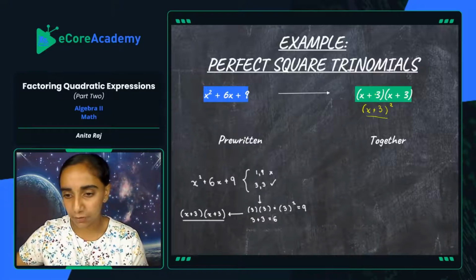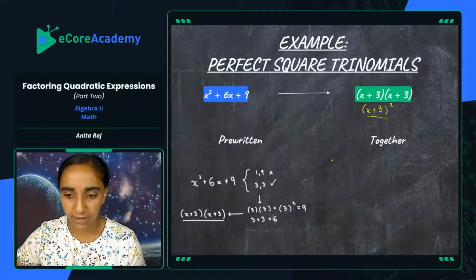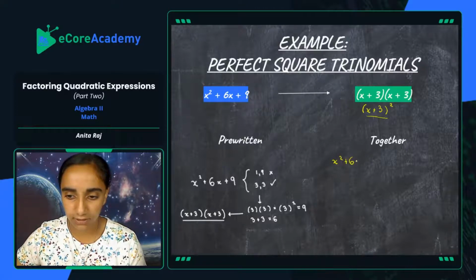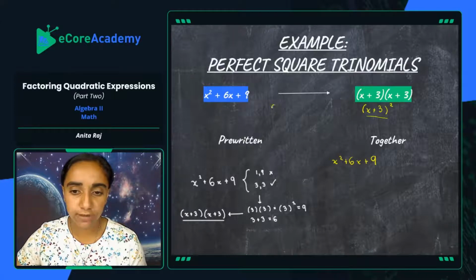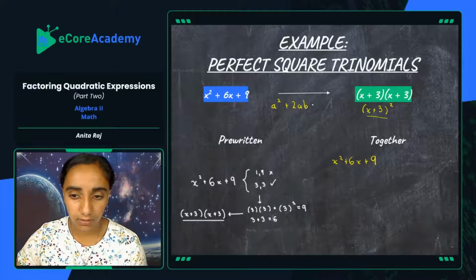So I'm going to rewrite the quadratic expression that we are trying to factor, x squared plus 6x plus 9. So how do we know if this is a perfect square trinomial? If we know it's a perfect square trinomial, it makes life so much easier because remember, a squared plus 2ab plus b squared, or we'll be working with a squared minus 2ab plus b squared.